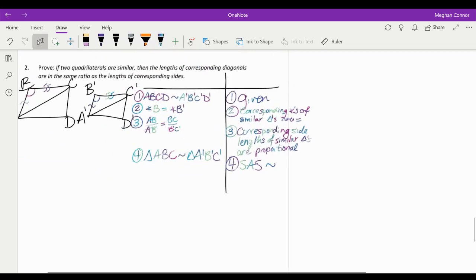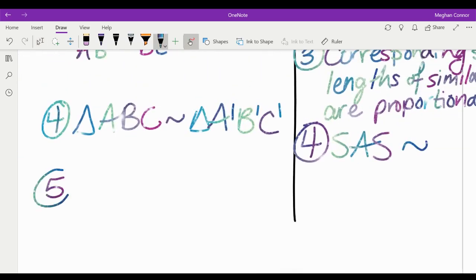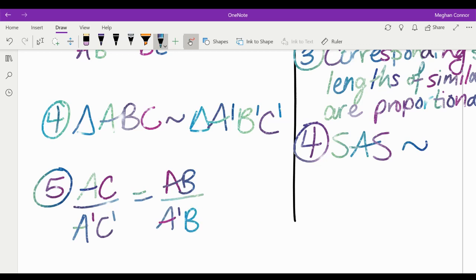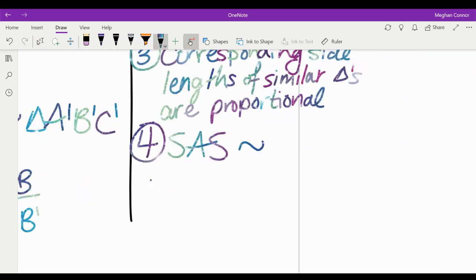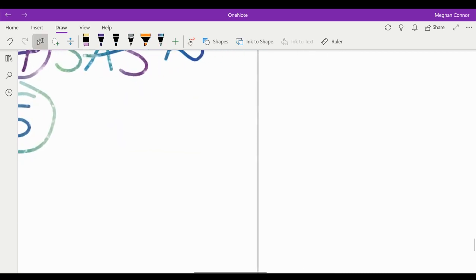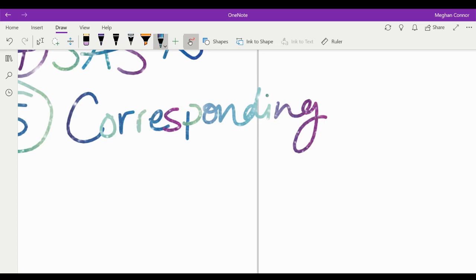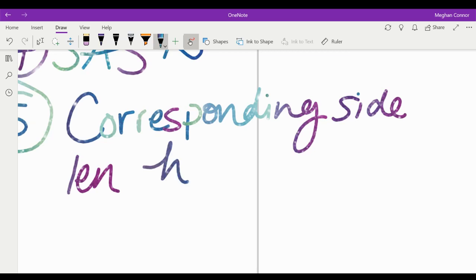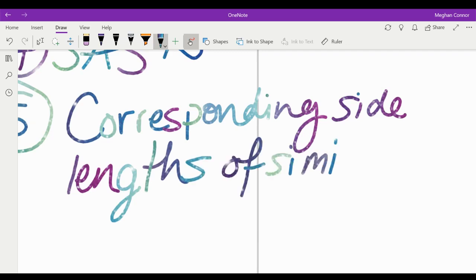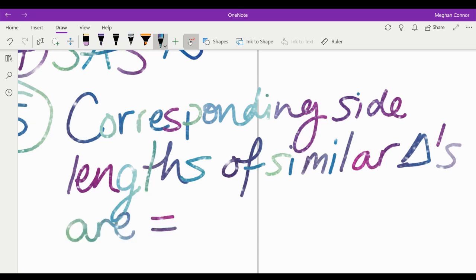And then now we can say that AC over A prime C prime is equal to AB over A prime B prime because corresponding side lengths of similar triangles are equal.